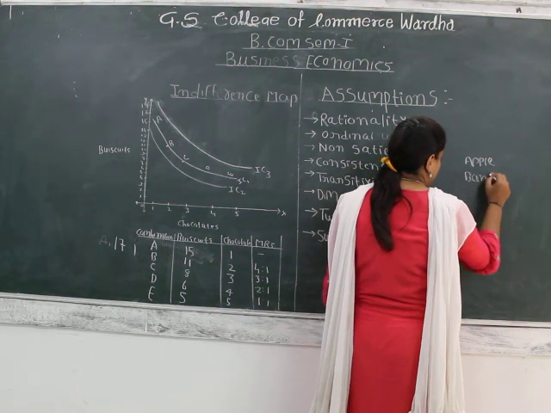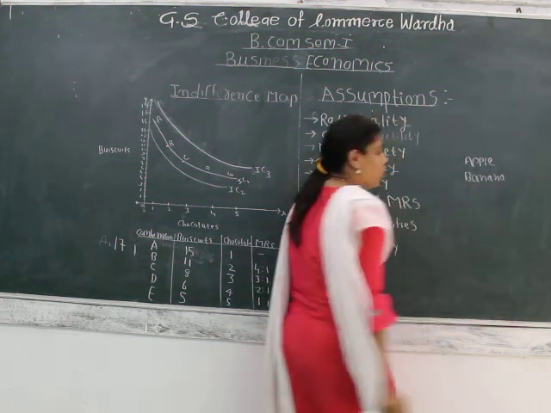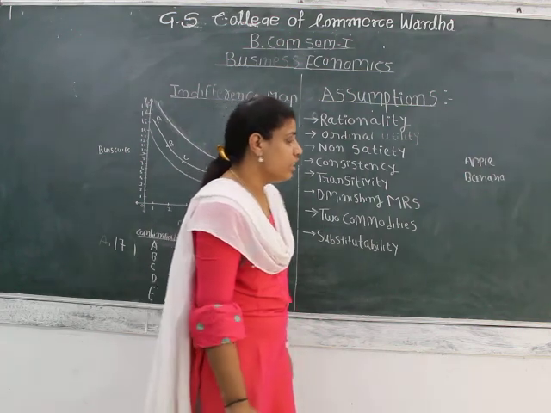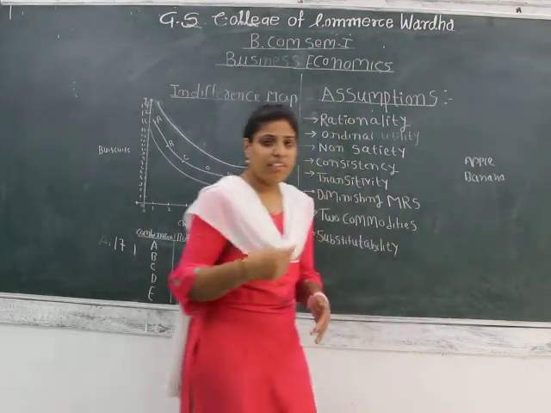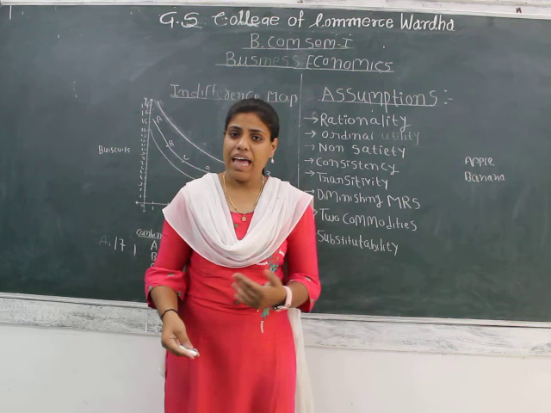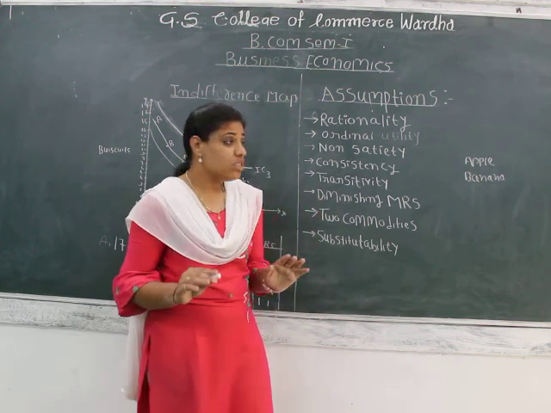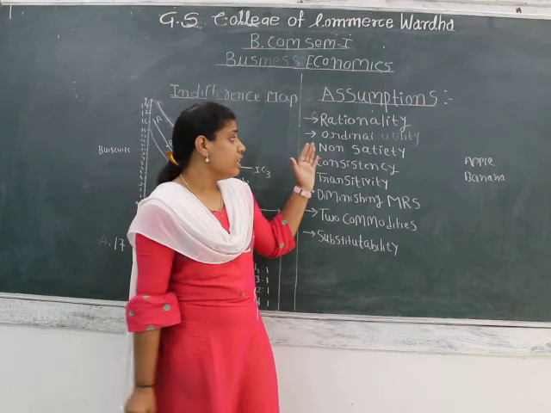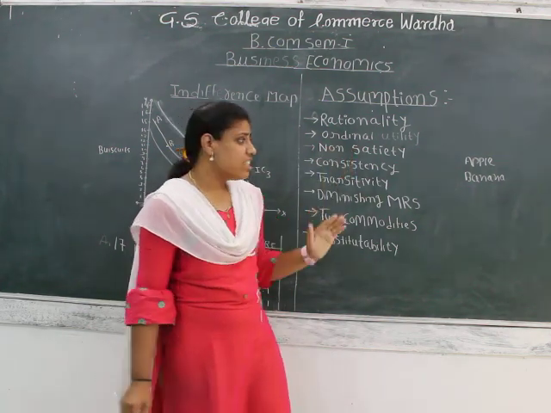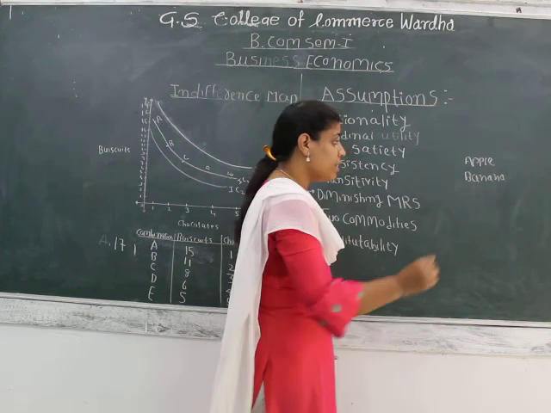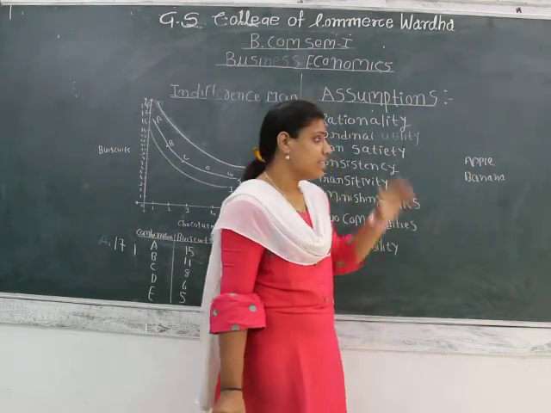So here the utility cannot be measured like by having one apple I get 8 utility, by having 2 apples I get 6 utility. No, in this way utility is not measured here. Here the utility is given preferences or order. So here I may give the first rank, second rank, etc.